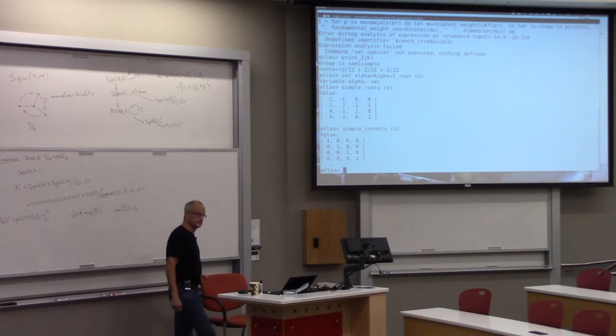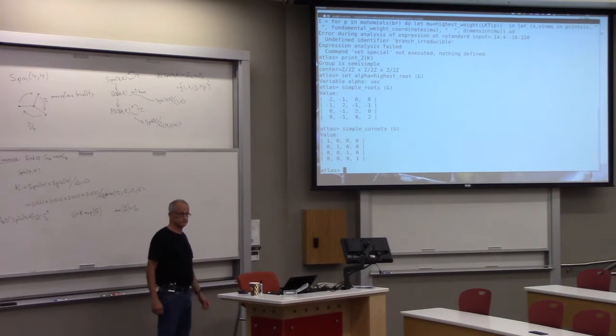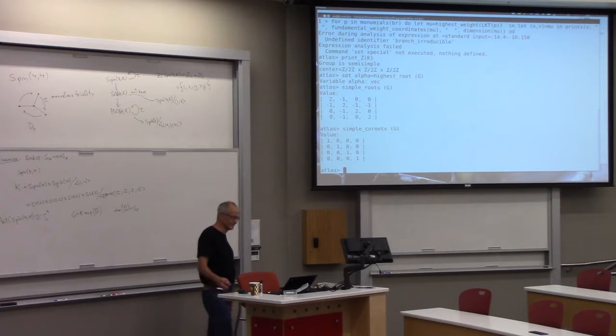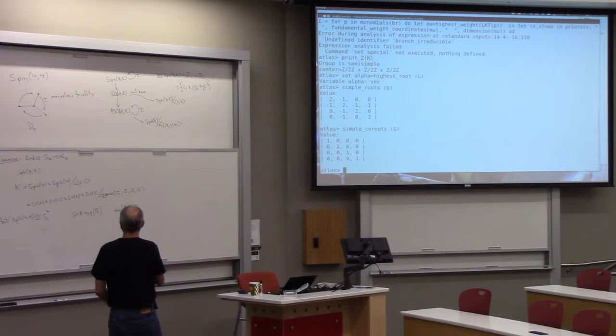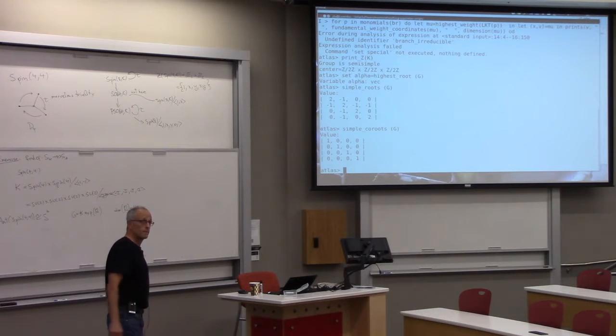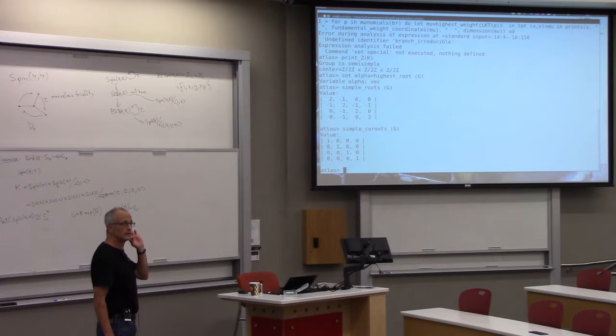One of these roots is not like the others. Can you tell which one is not like the others? That's not so obvious from this, right? One of these co-roots is different.